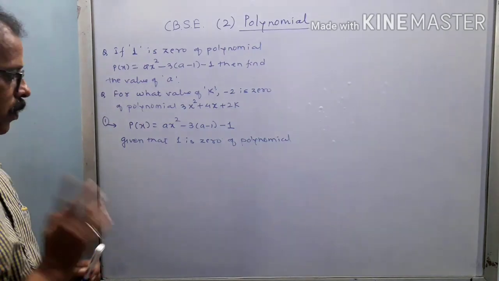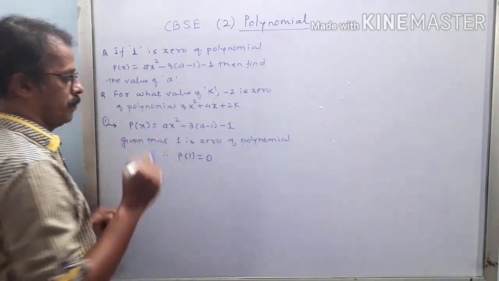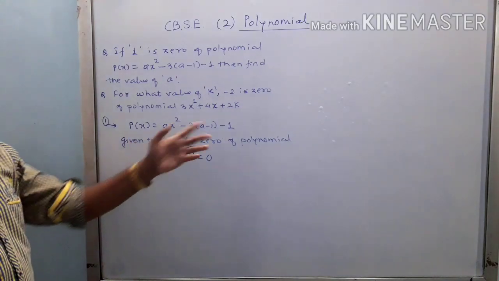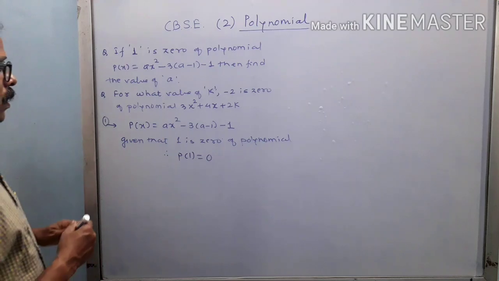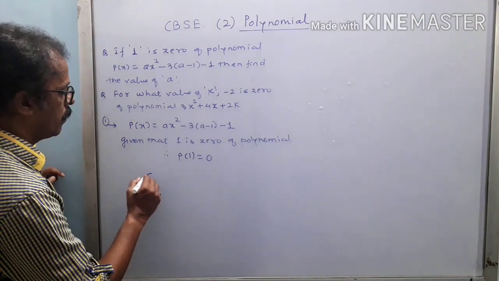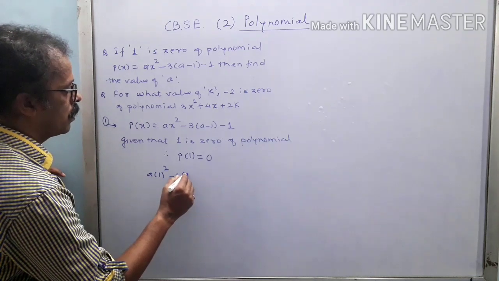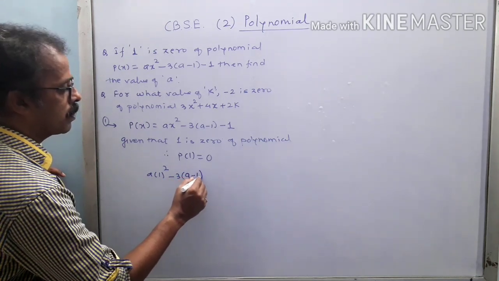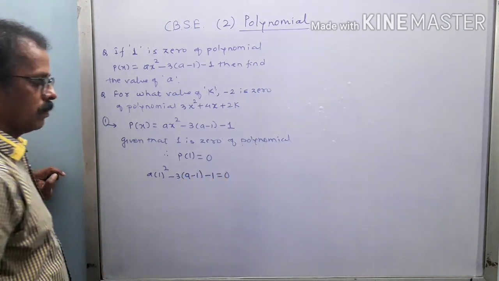Therefore p of 1 is equal to 0. What I did, I set that expression equal to 0. But what is the p of x? P of x is this. So how we are going to write that? That is a into 1 square minus 3 into a minus 1, okay, and minus 1 is equal to 0.